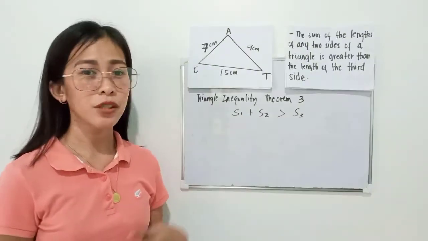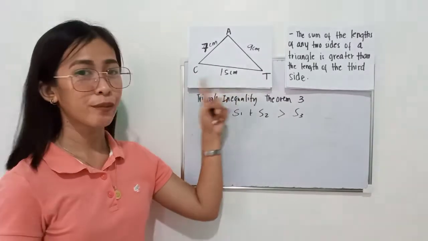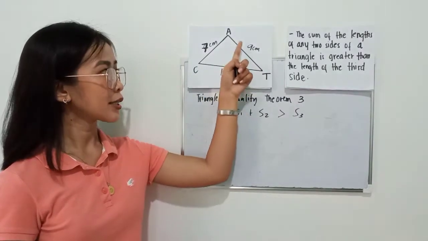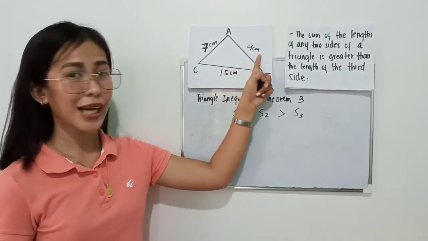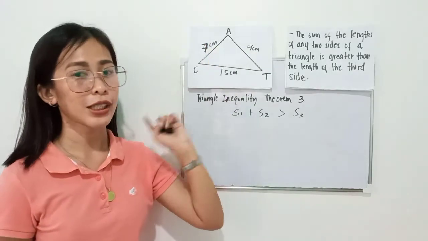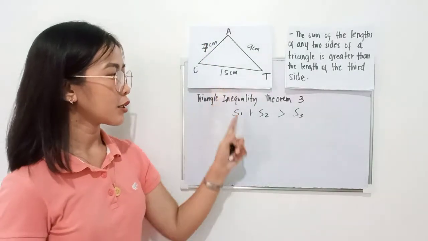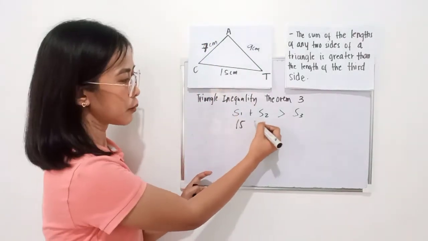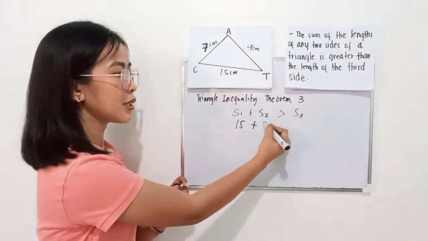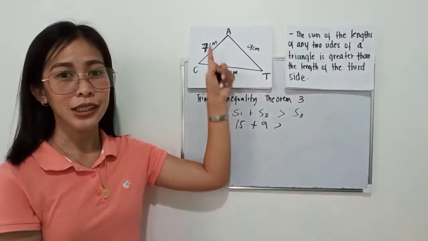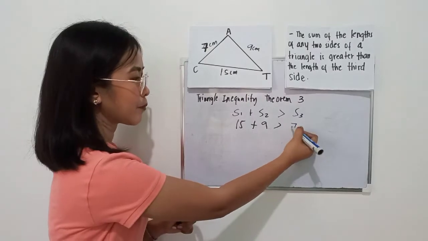So, let's say, for example, we have side 1 as 15 cm, side 2 as 9 cm, and side 3 as 7 cm. So, we have side 1 as 15 plus side 2 is 9. That is greater than side 3, and side 3 is 7.